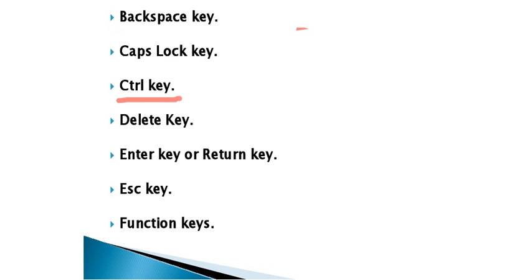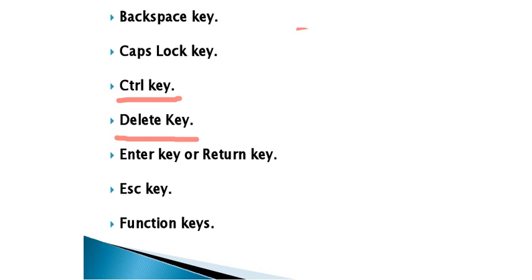And the next, that is delete key. This is also a type of key. This delete key lies in your keyboard. This delete key deletes the character. When we are talking about the backspace key, the backspace key deletes the text from the left of the cursor.